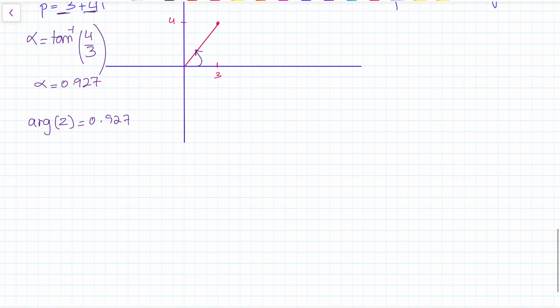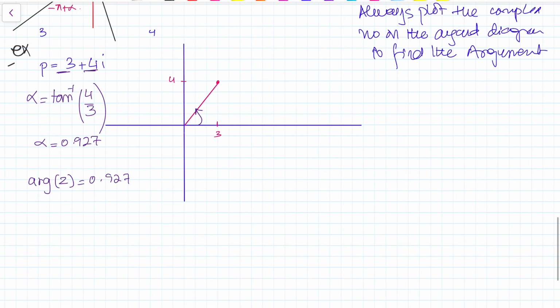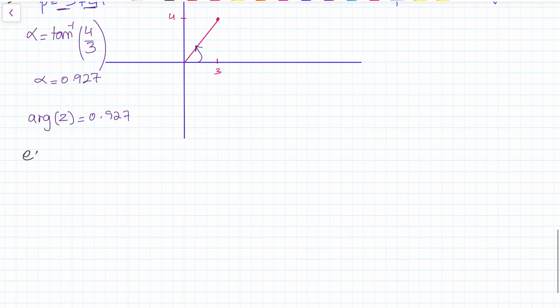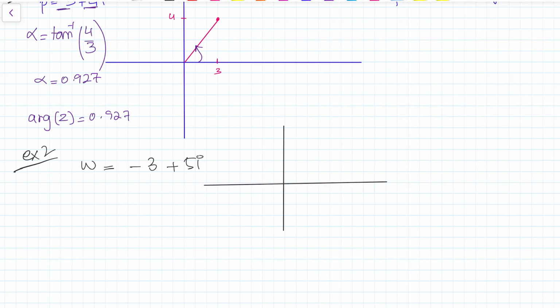Okay, let's do the argument of another question. This is example 1. Let's do example 2. Argument of minus 3 plus 5 iota. So minus 3 plus 5 iota. Minus 3 here and 5 here. This is the point. I'm doing a rough sketching now, okay?